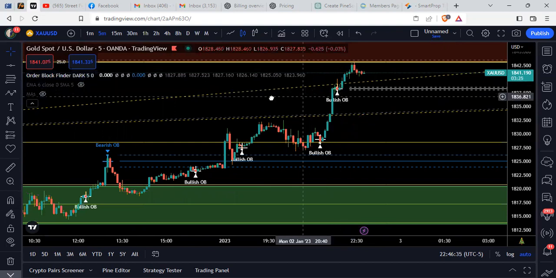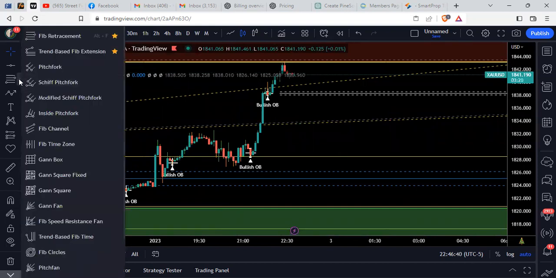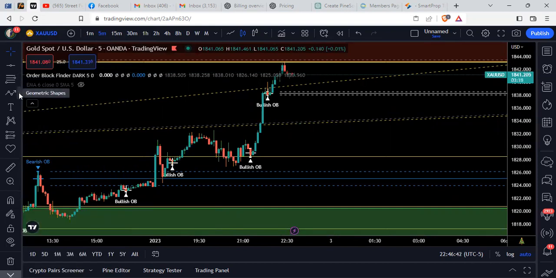And look, we got a bullish order block right here too. So she could just pull back to this order block and take off. And I've seen that happen.